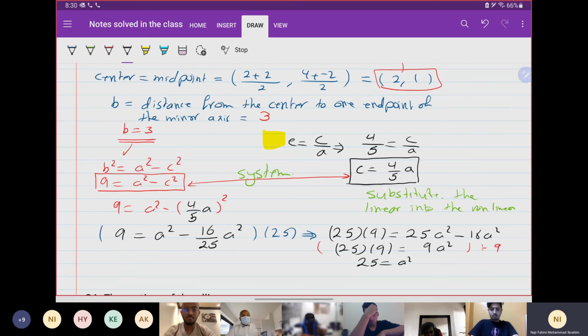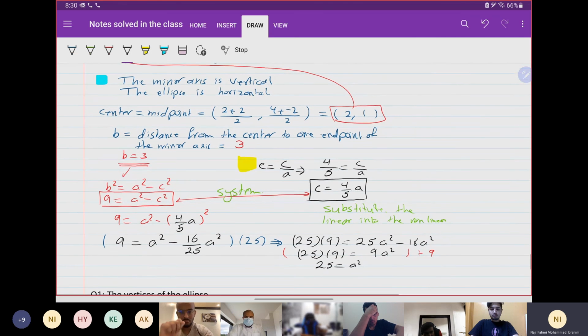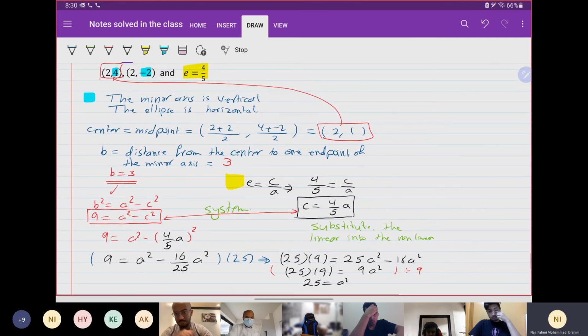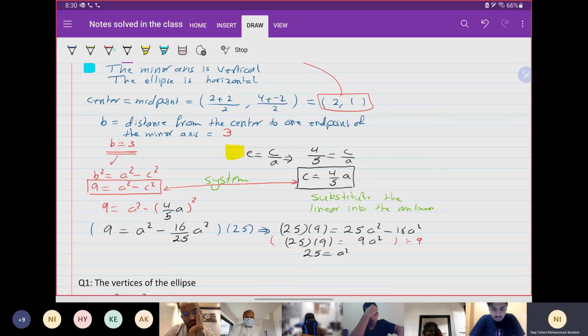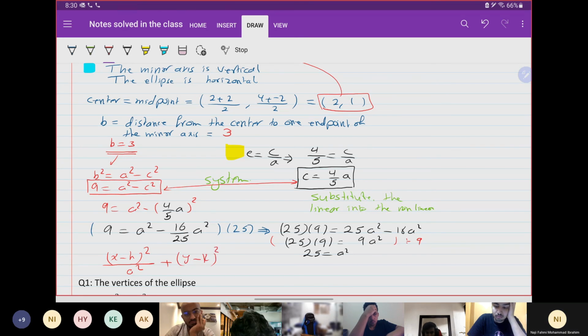So don't forget at the beginning, he was asking us to find the equation. So now I found everything that I need, the type, the center, the values of A and B. So my equation should be of what? We said this is a horizontal. So the larger number is under what? X. Under X. If we substitute, what do we get?